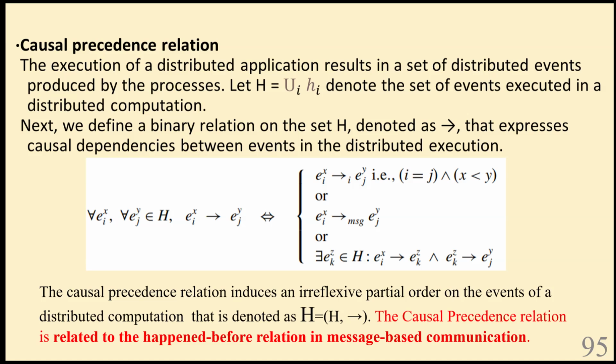For that we have three rules which you should know, called the same process rule, message rule and transitive rule. I'll just give an intro about what they are. Same process rule means if two events occur in the same process, the earlier event happened before the later event. That is, in process P1, event 1 occurs, then event 2 occurs, and after that event 3 occurs.